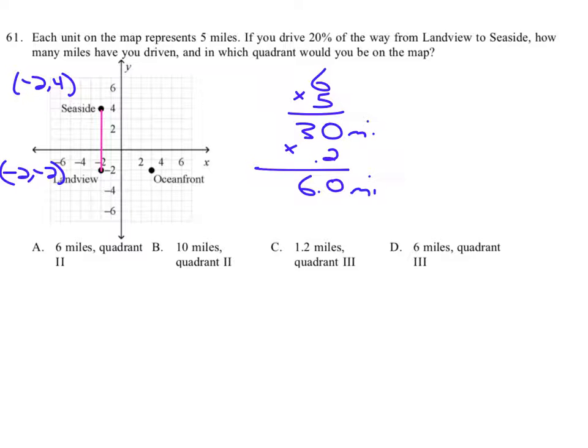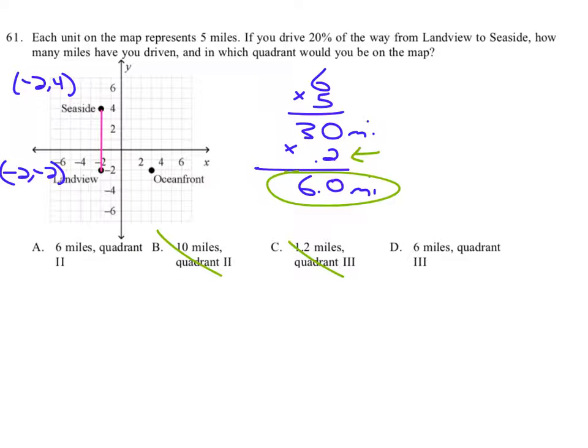You've driven 6 miles. So that's the first part, if you've gone 20% of the way, because 20% as a decimal is 0.2. So you've gone 6 miles, and so that's either going to be answer A or answer D.